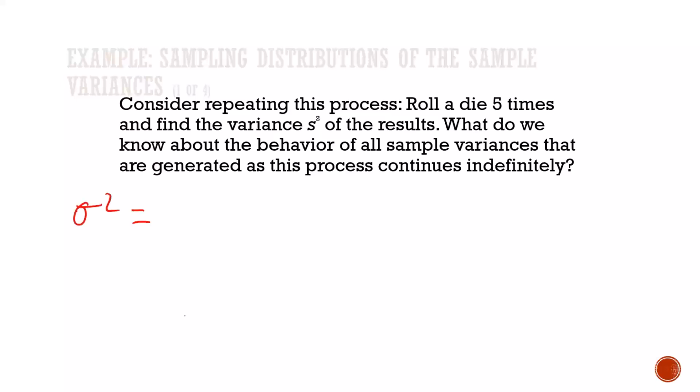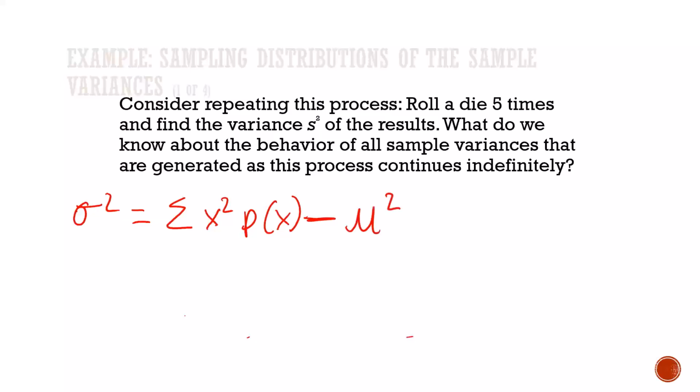Remember the variance of a probability distribution is the sum of the probability of x times x squared, minus the mean squared. So same thing for each of these distributions.